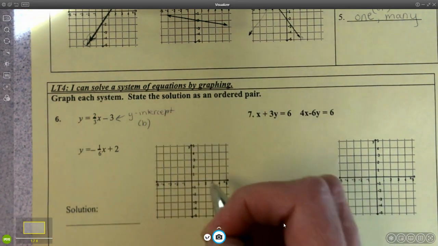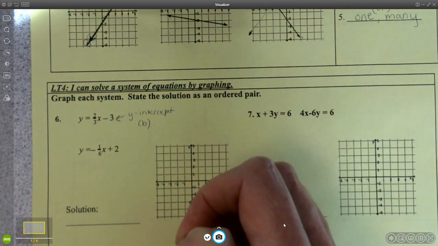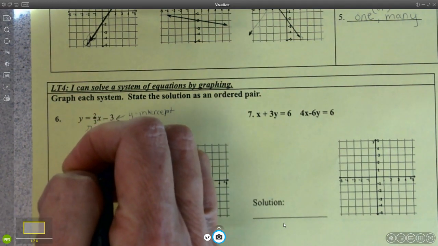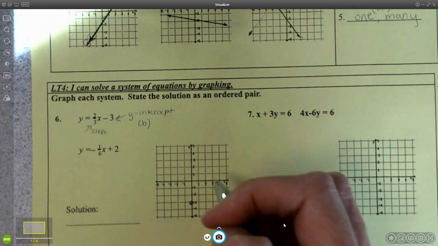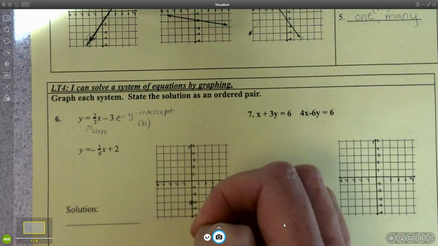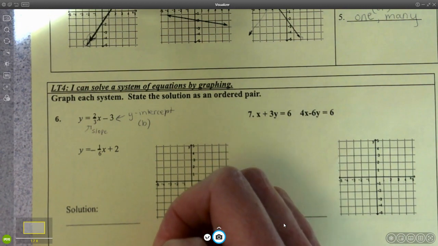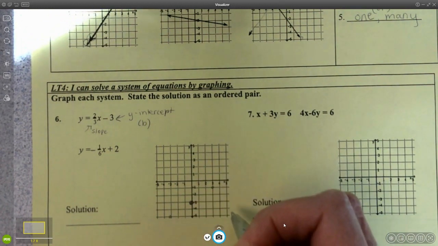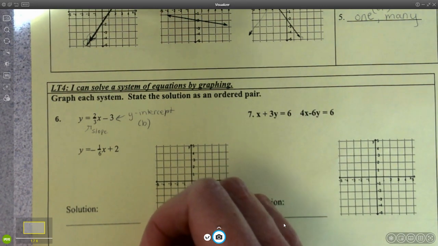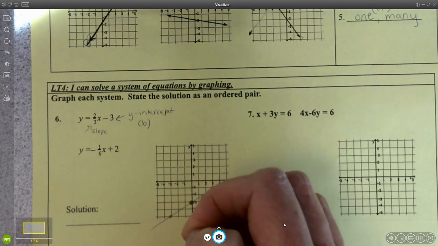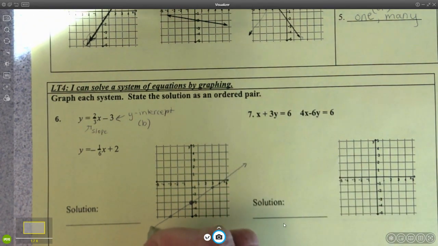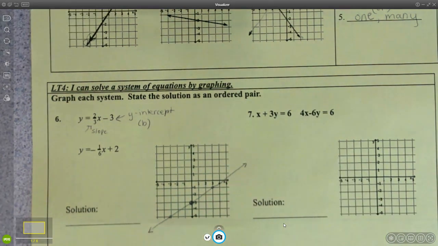So when I'm graphing it, I'm going to go down to -3, and then I'm going to use my slope to create some points. So I'm going to go up 2 over 3, down 2 over 3, and I have my first line. I'm going to try to draw it as straight as I can. So if it continues on somewhere to intersect, I'm getting all those points.